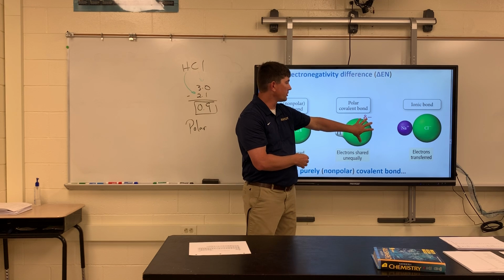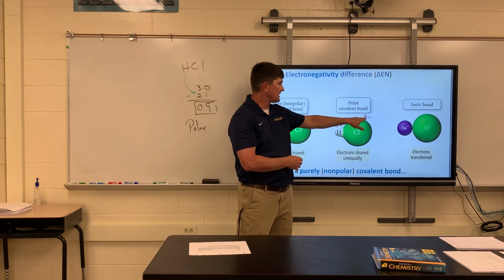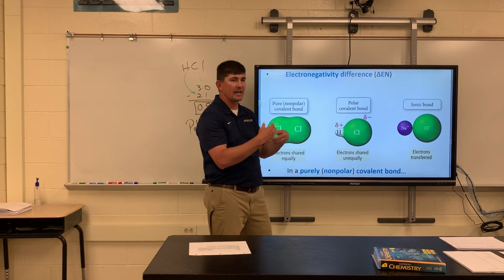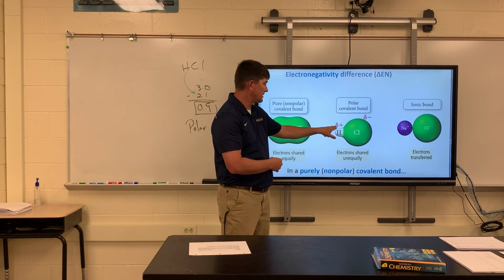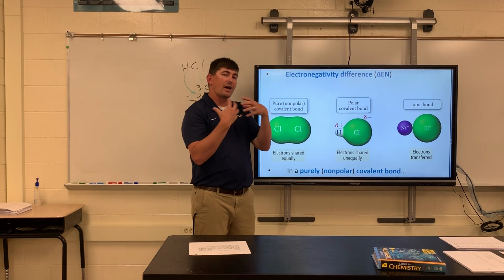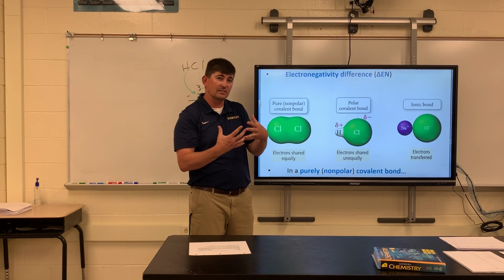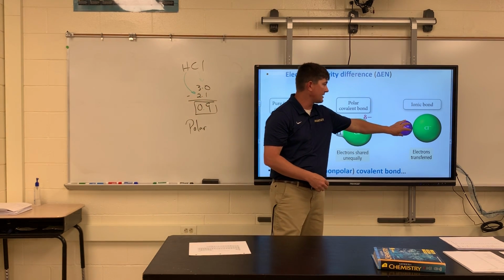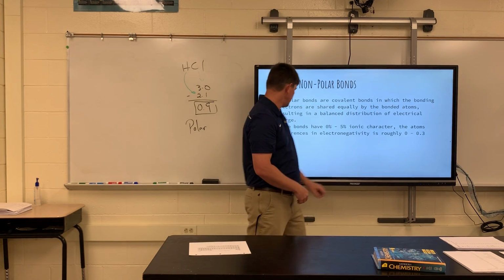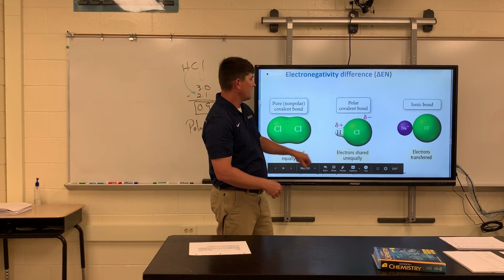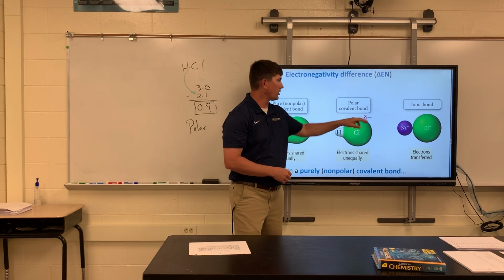So you get a partial negative symbolized by this delta minus, and then hydrogen as a result of that would have a partial positive symbolized by this delta plus, okay? So the hydrogen is kind of positive, not like a full positive like this guy is, because it's lost the electron, but partial positive, partial negative.